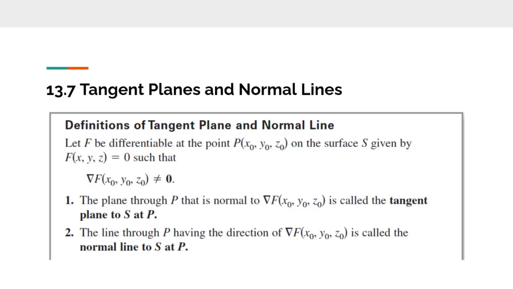Tangent planes, we already talked about this with the differential. But you'll use this gradient to find the normal vector to the tangent plane. And the line through the normal vector to the tangent plane is called the normal line.